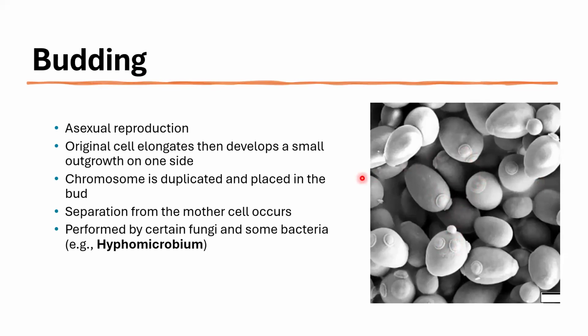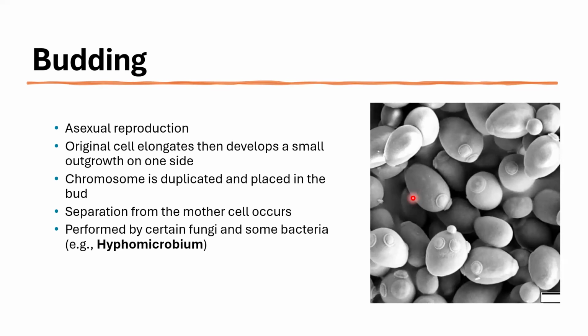And then the chromosome is going to be duplicated and put into that bud. And once the chromosome is put into that bud, the bud can then separate from the mother cell and then grow into a full-size cell. This happens in some bacteria. It definitely happens in several fungi. And so it's a little bit different than binary fission.